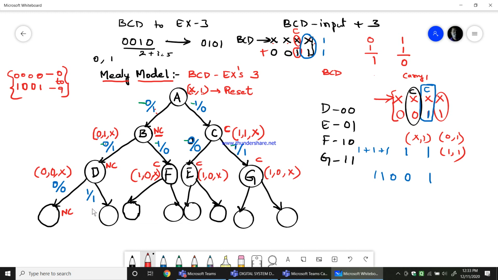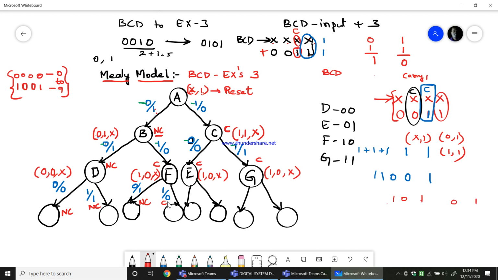Now coming to this 1 comma 0 comma X, if input is 0, the output is 1 because 1 plus 0 plus 0 is 1, again no carry. Now if the input is 1 here, the output would be 1 plus 0 plus 1, so 1 plus 1 is 0 as the output, whereas 1 will be the carry.